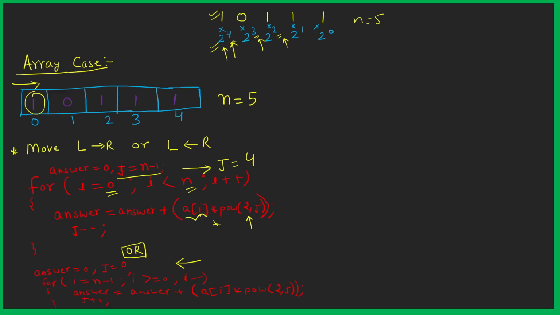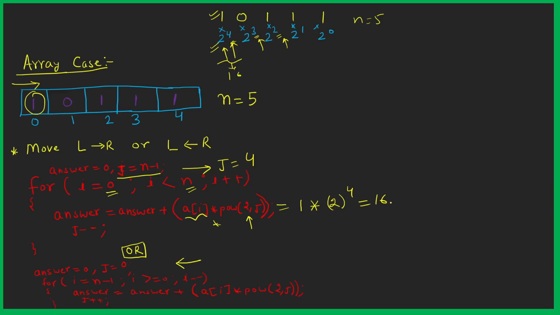So here we are saying 1 multiplied by 2 to the power j, where j is 4. This means 16, so 16 has been generated. Now we store this result inside answer. Answer is initially 0, so answer will store my final output, or we can say the decimal value.